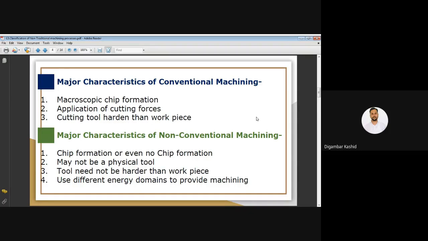Now we'll move towards the major characteristics of non-conventional or non-traditional machining.